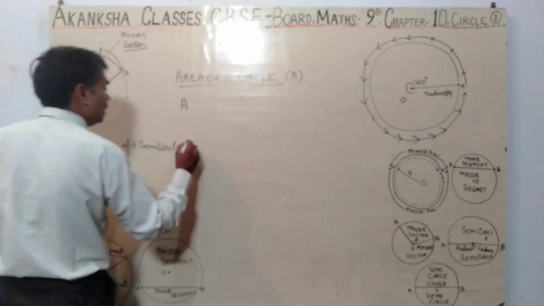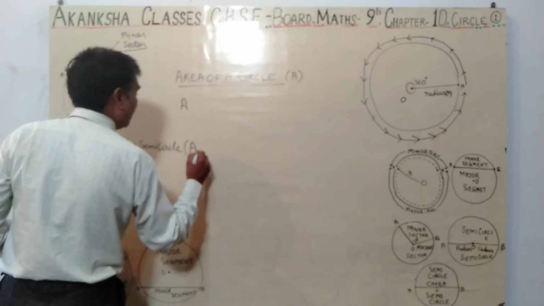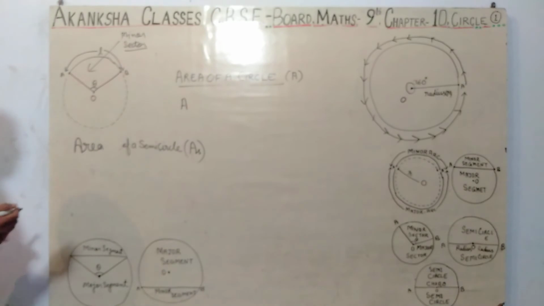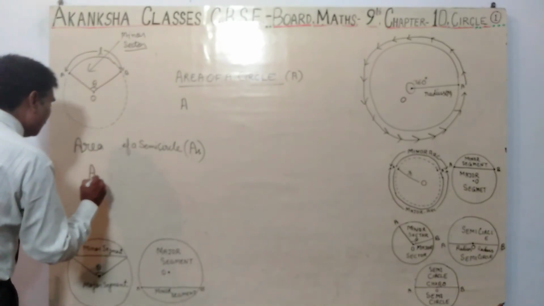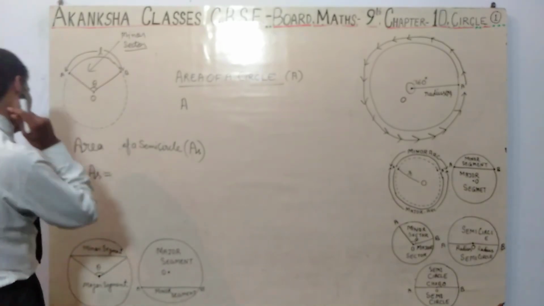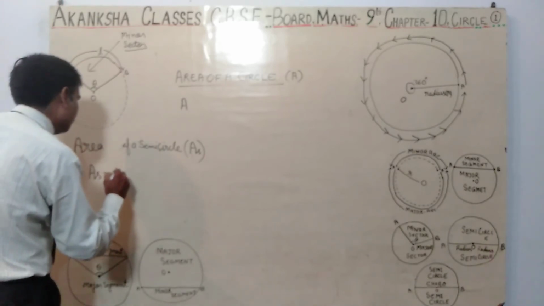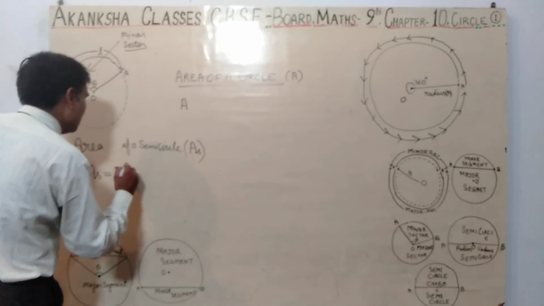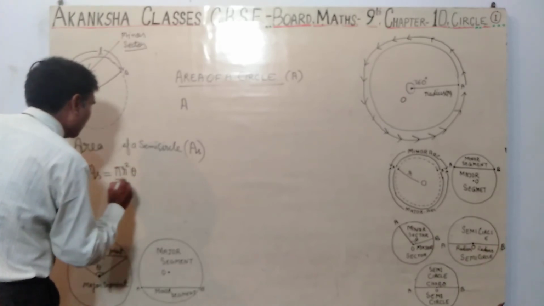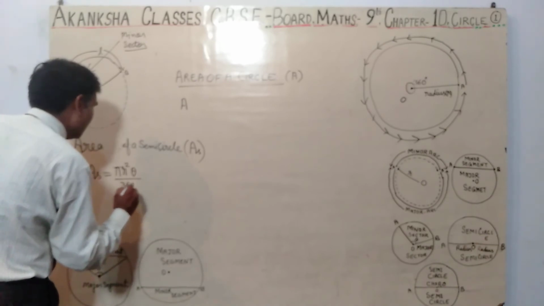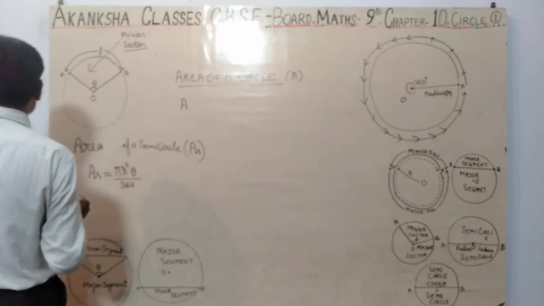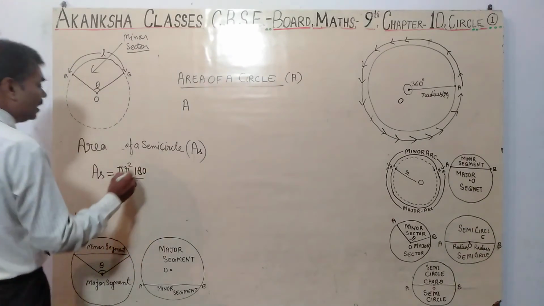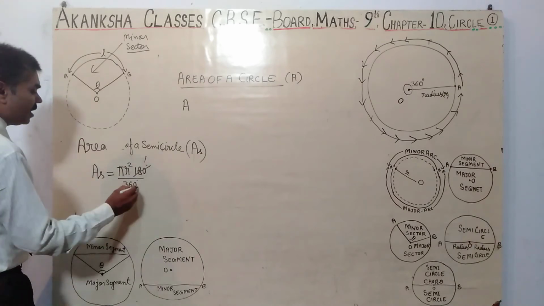Area of semicircle equals pi r square theta by 360 degree. In case of semicircle, we put the value of theta as 180 degree, and by the law of cancellation we get 180 once 180, twice 360.